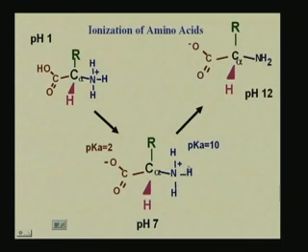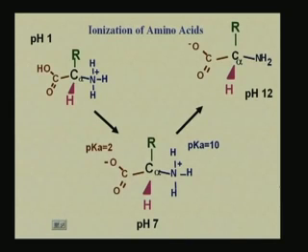I keep on increasing the pH, or rather I keep on adding more base. At a point, I will lose the proton that is attached to the amine group. So, if I do an ordinary titration of the amino acid, I will get how many inflection points? 2.